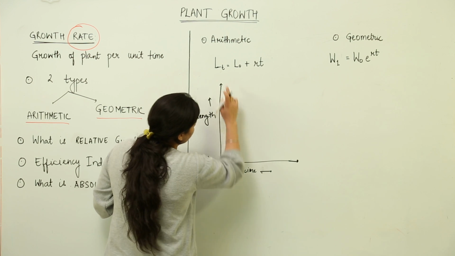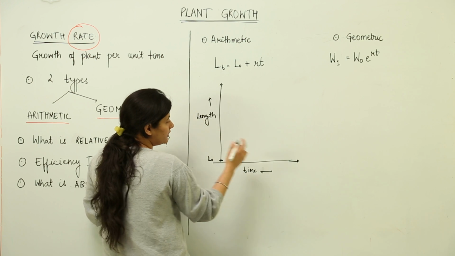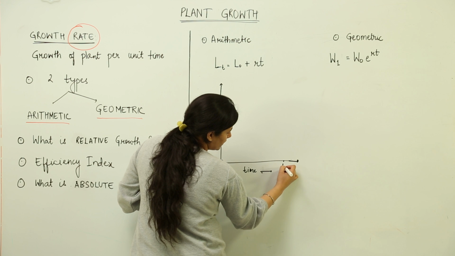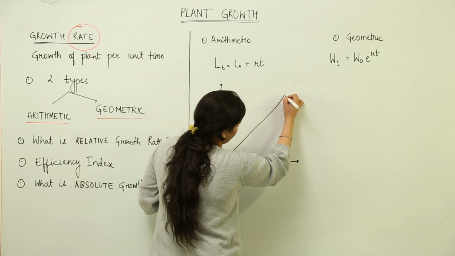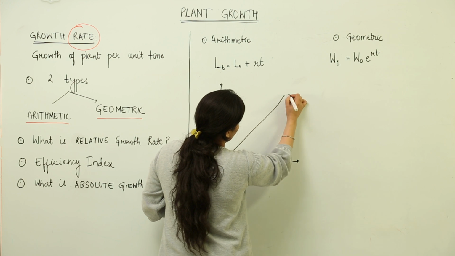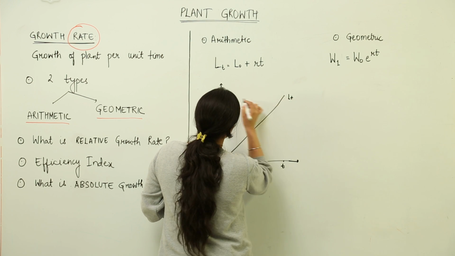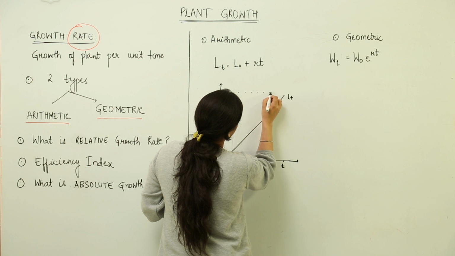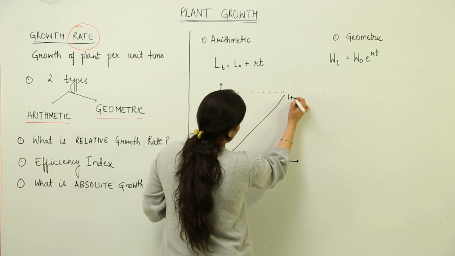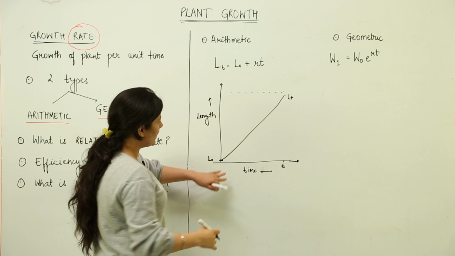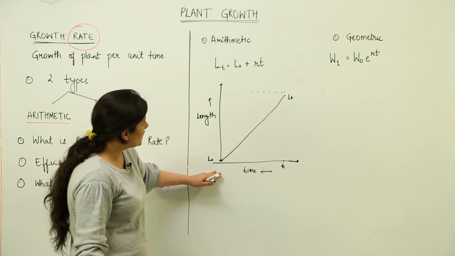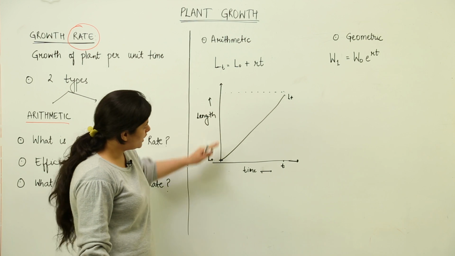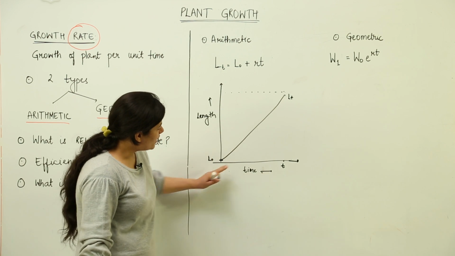As expected, according to this equation, at time t, the graph would be a straight line. This is the length at time t. At any given time, we take this time t and it is represented in the form of a straight line. So we get an arithmetic growth rate which, if portrayed in a graphical form, gives a straight line.